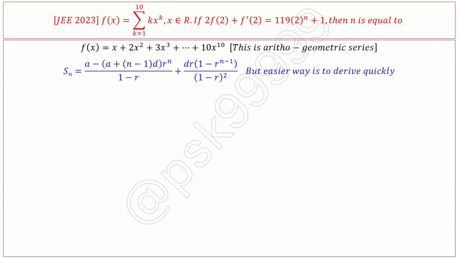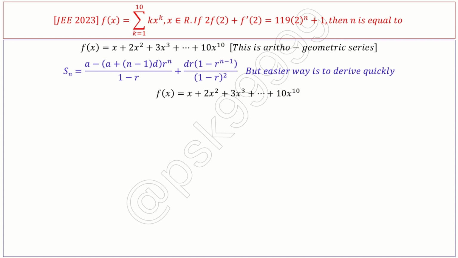A is the initial number, n is the number of terms, D is the common difference, which is 1 in this case, and R is the common ratio, which is x in this case. So you can substitute and find the sum of this series. The other way is, for most of these arithmetico-geometric series, you can find the sum in this way. Learn this one. This is very important. You don't need to remember this formula unless you get a complex arithmetico-geometric series. Okay, so f of x is this given value.